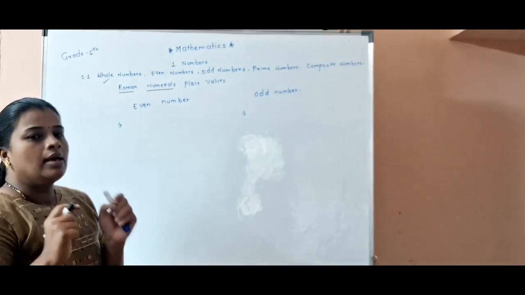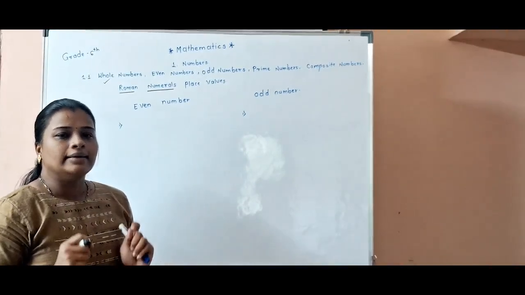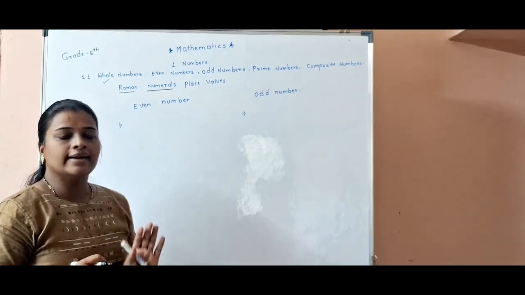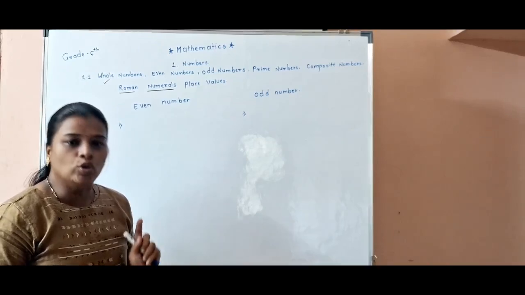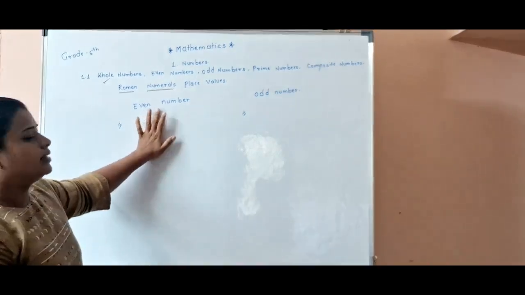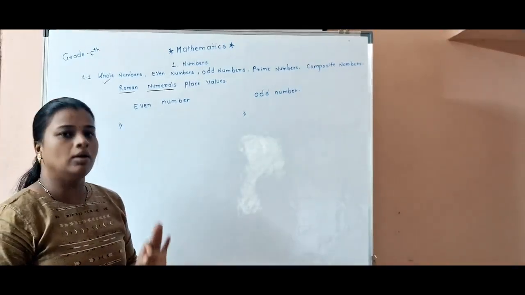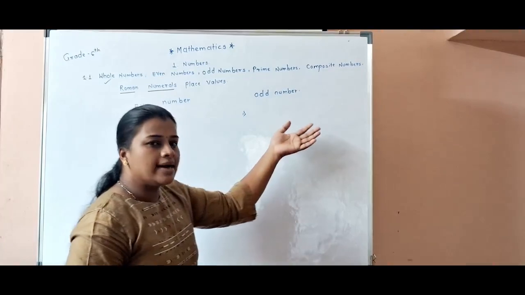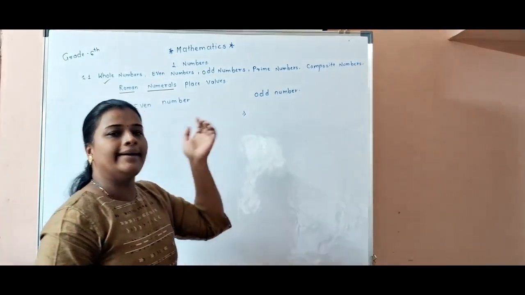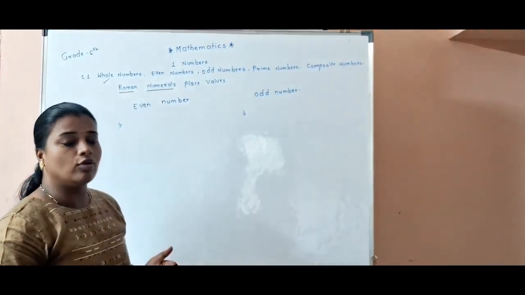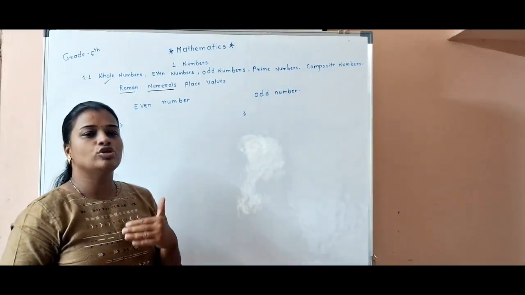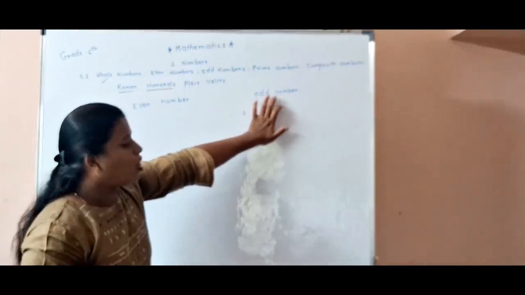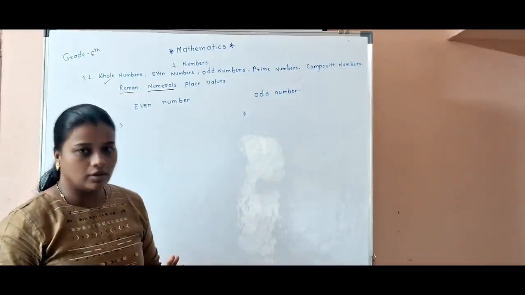Listen to me. Numbers which are divisible by 2 are called even numbers. Numbers which are not divisible by 2. The word not is very important. A number which is not divisible by 2 is called an odd number. Okay.